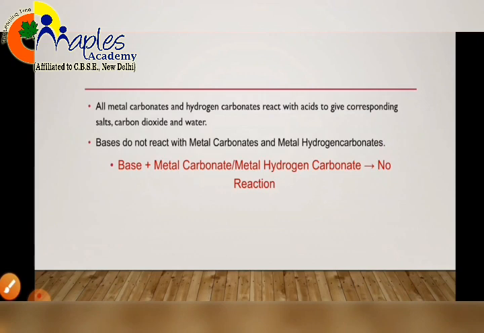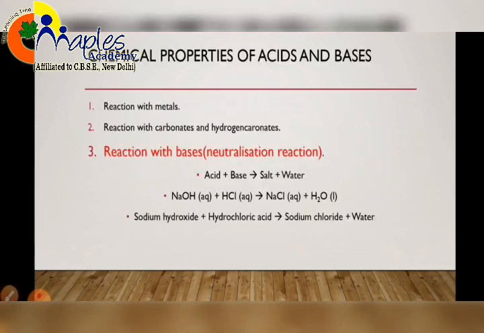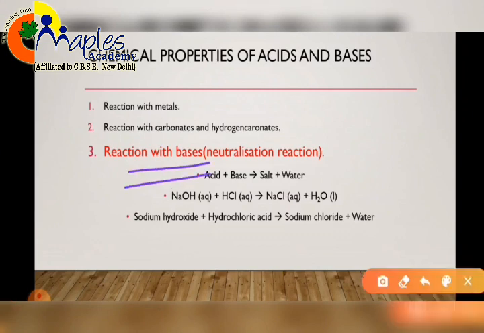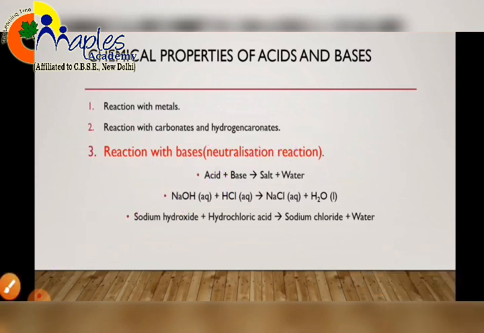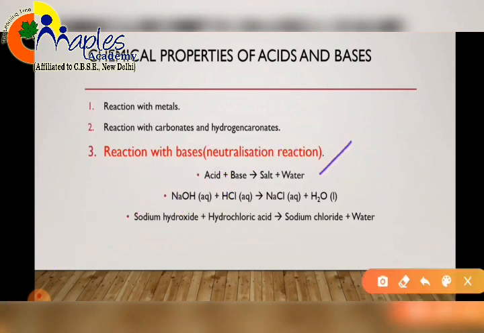Next, the third chemical property of acids and bases is the neutralization reaction, that is, how they react with each other. When an acid reacts with a base, they form the corresponding salt plus water. Because they neutralize each other's effects, this reaction is called the neutralization reaction.